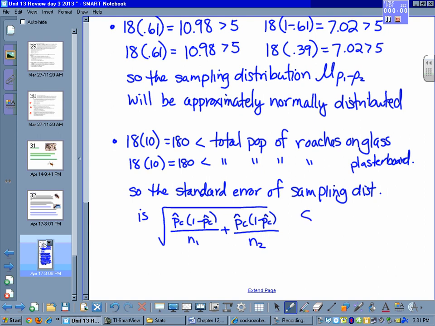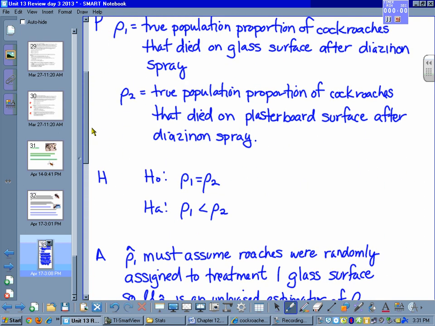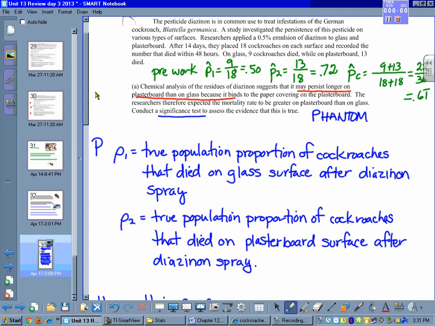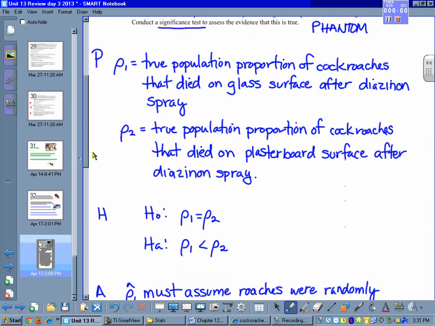We could have also called this SE sub p-hat 1 minus p-hat 2. Actually, technically, this is SE sub p-hat combined. Okay, and that's why I did the p-hat combined calculation before I got started, to get the 0.61.